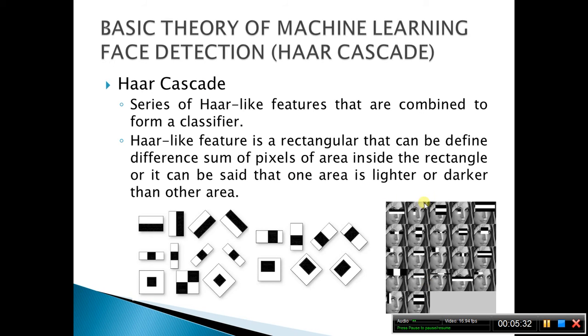After dividing the image into a scale of pixels, the grid of rectangles will be divided again into some patterns. The patterns are known as Haar-like features. The Haar-like feature patterns are shown in the images.